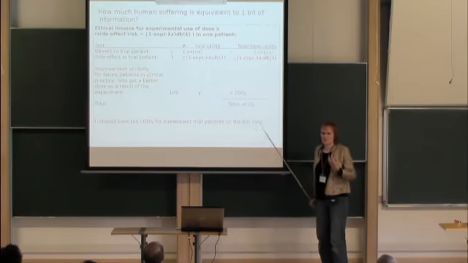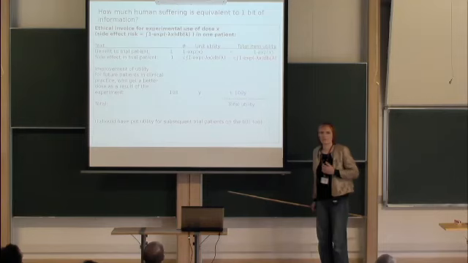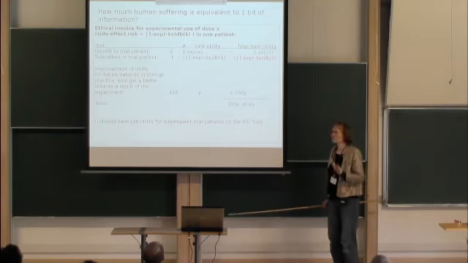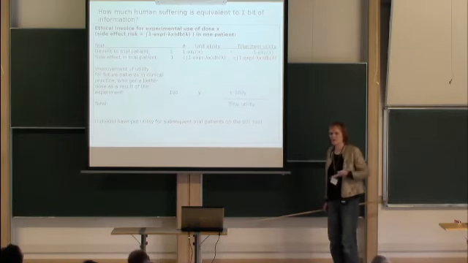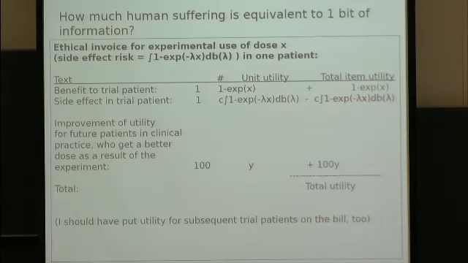I will suggest that we make a whole ethical invoice of the consequences of administering a candidate dose. We'll have to do this for all candidate doses that we consider, of course. So for a particular candidate dose, X, we measure the clinical benefit and the side effect risk, the cost associated with that to the trial patient.